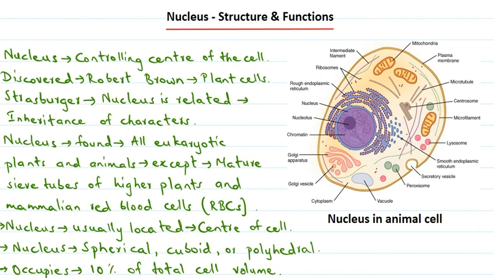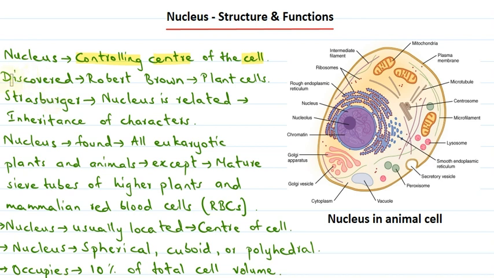The nucleus is the controlling center of the cell. It acts as the main distinguishing feature of eukaryotic cells, as eukaryotic cells have a true nucleus whereas prokaryotic cells lack a true nucleus.